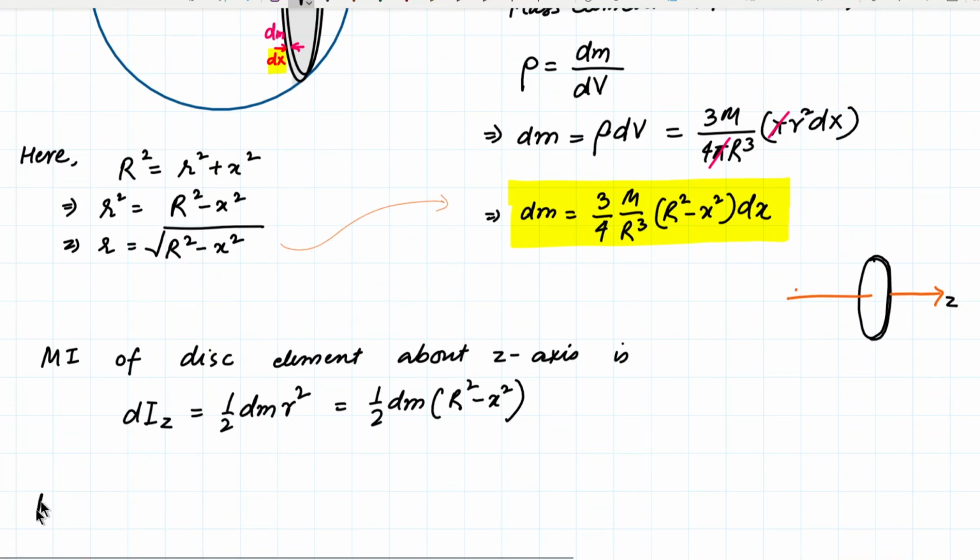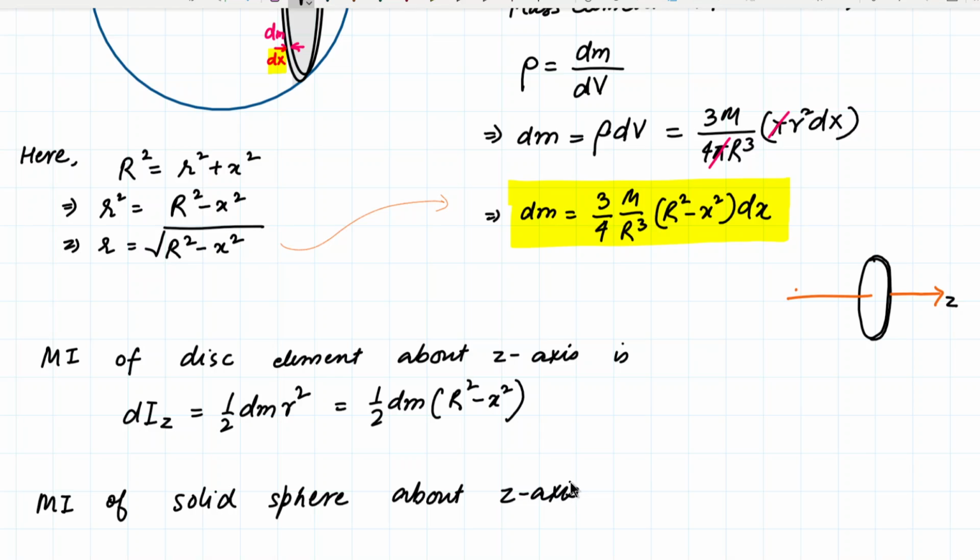So finally the moment of inertia of the solid sphere about the z axis is, the solid sphere is made up of a large number of disks.